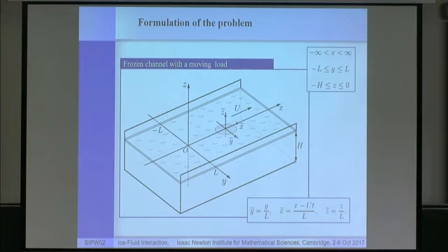Another problem is the moving loads, a steady problem, when the loads move constantly with a constant speed along the channel. And another one is the unsteady problem, when the loads are initially at rest, and after that they move with a constant speed.